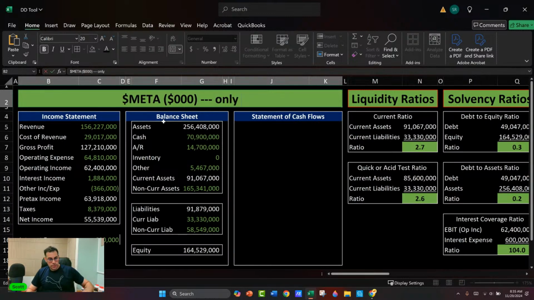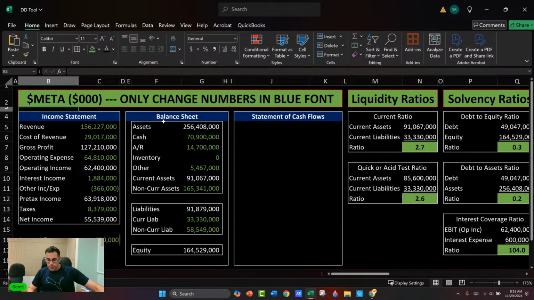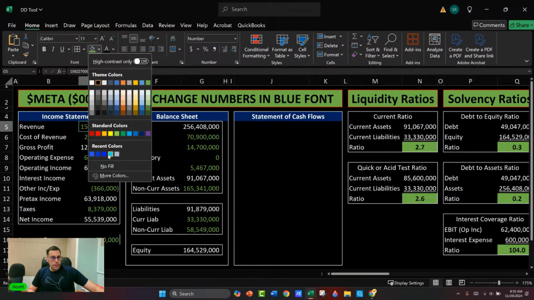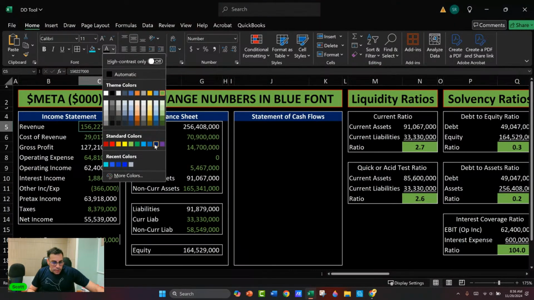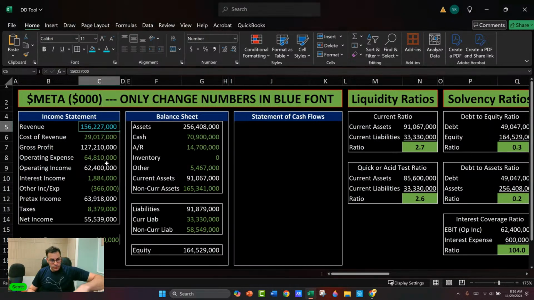Only change numbers in blue font. So only change numbers in blue font.